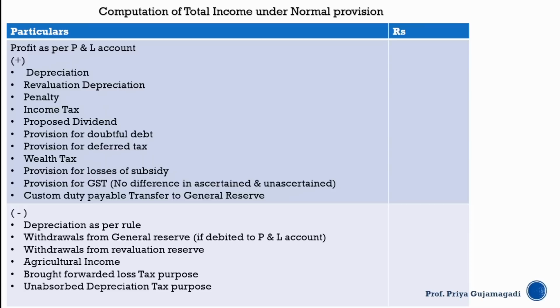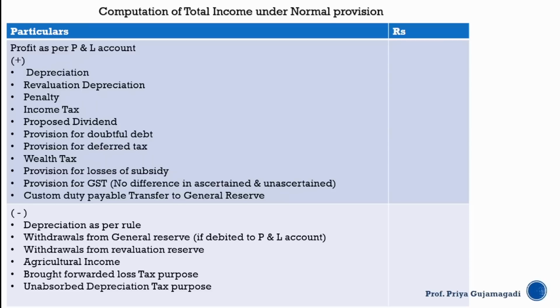Sometimes the asset book value is different, and after a certain period there are certain methods to calculate a new value of the assets. So in that case, when we revaluate the assets, that time also some depreciation arises, that is called revaluation depreciation. Any penalties on the tax are there, we have to take them. And income tax we have to take.